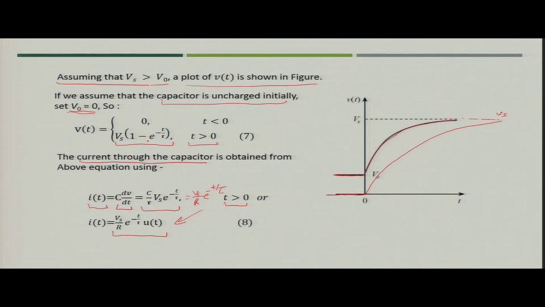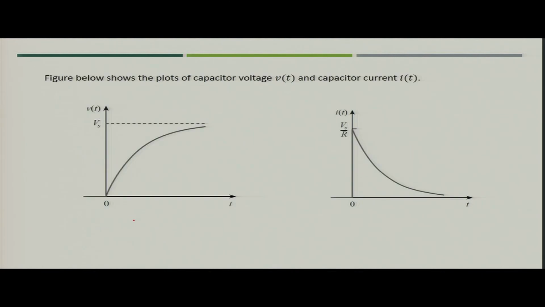Now, if you see these two equations, the voltage equation is increasing exponentially and the current equation is decreasing exponentially, which is obvious because when the voltage across the capacitor settles equal to the source voltage, the current will eventually die out. This would be the response for the voltage across the capacitor.